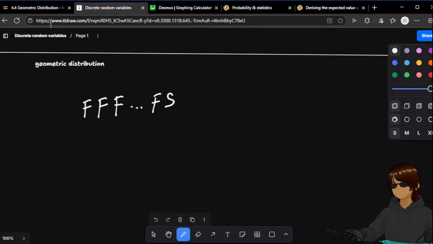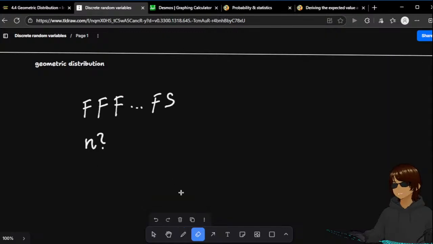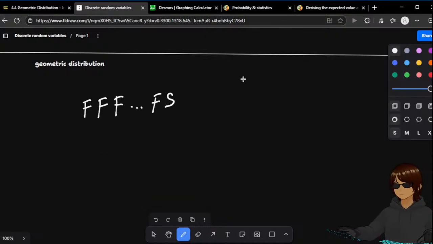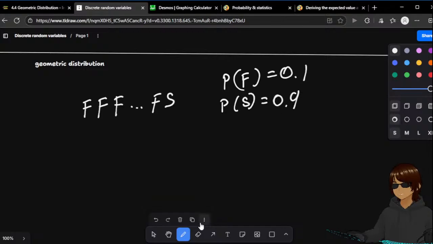In a geometric distribution, we want to figure out what n is, like the probability of n. So let's say the probability of a fail is 0.1 and the probability of a success is 0.9.